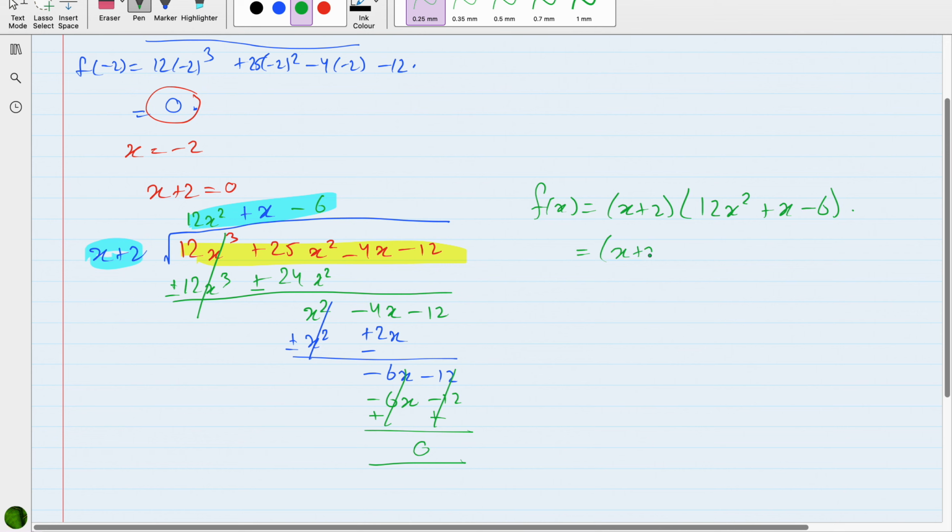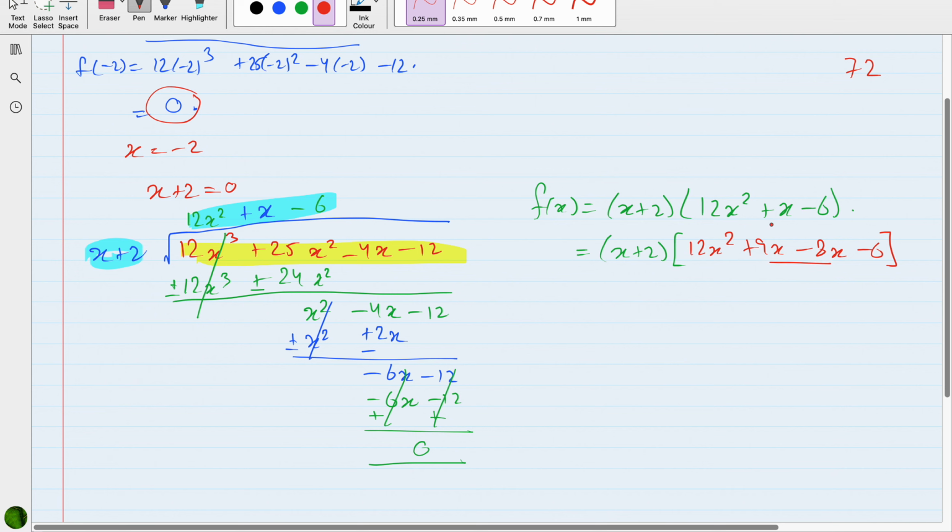This is x plus 2, and on the other side we do mid-term breaking. So let's say that is 12 times 6. So we have to think of two numbers whose product is 72 and sum is 1. So 12x square plus 9x minus 8x minus 6.